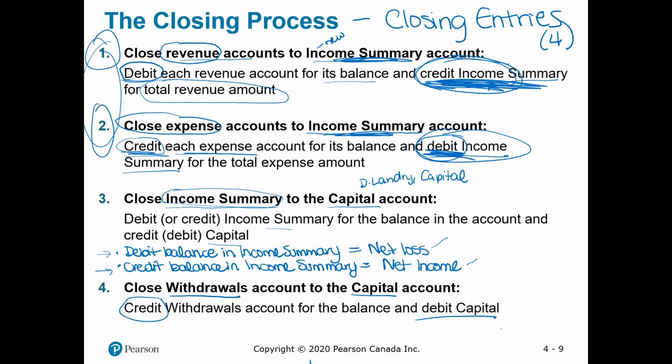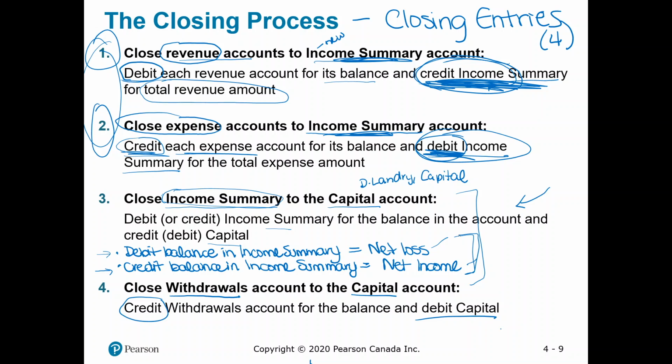So the reason we put these into the capital account is because this is what we're tracking. Remember, capital, if you looked back at how we calculate or what we do on the statement of owner's equity, we start with our opening capital balance. We add in net income. So that's essentially what we're doing in step 3, because we're looking at net income or net loss.